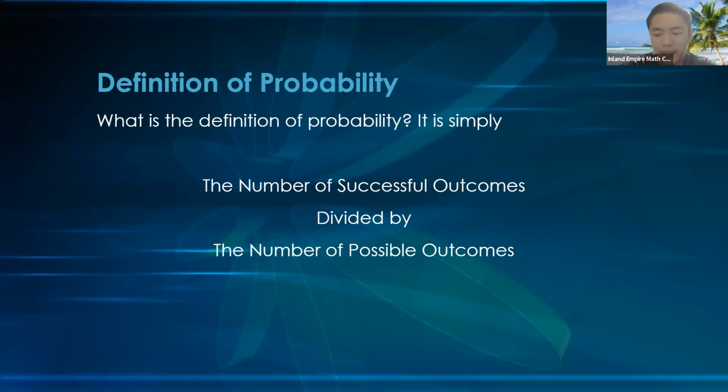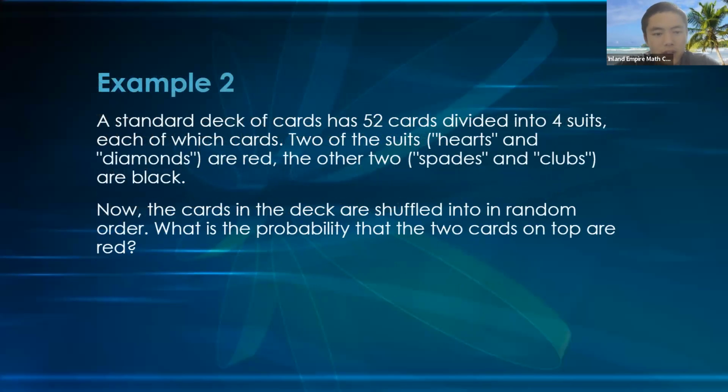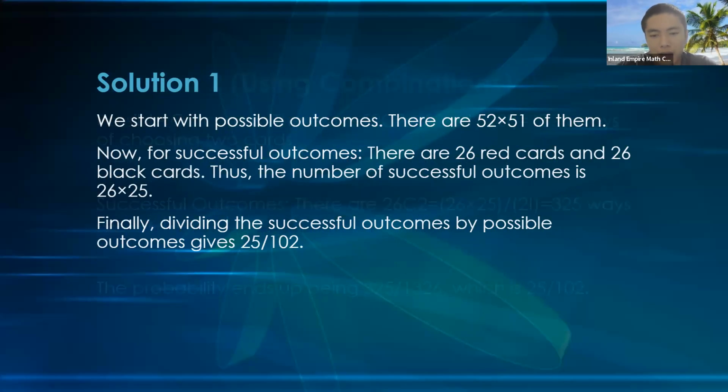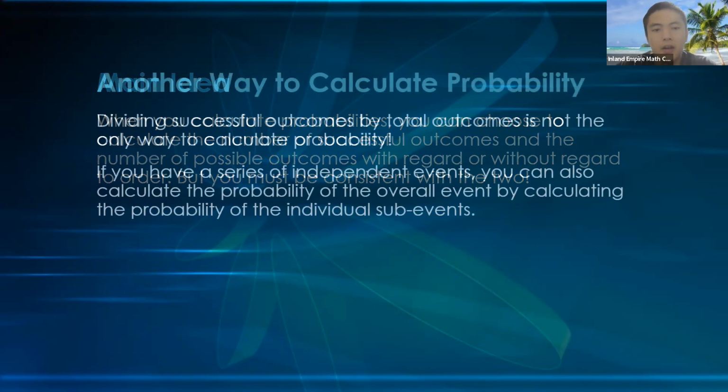We saw many examples of this via the card problem, and we showed two different solutions for this, because one of them accounts for order, the other one doesn't. So when you calculate probabilities, you can choose whether to account for order in possible outcomes and total outcomes, but you have to be consistent with the two. You can't vary between them.